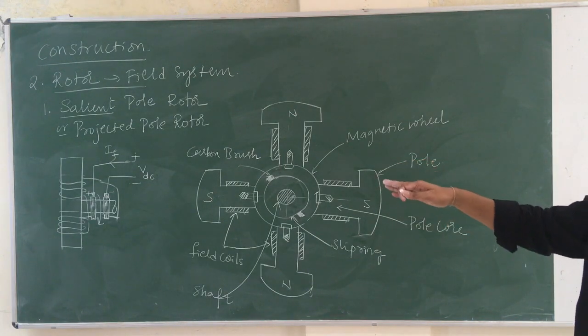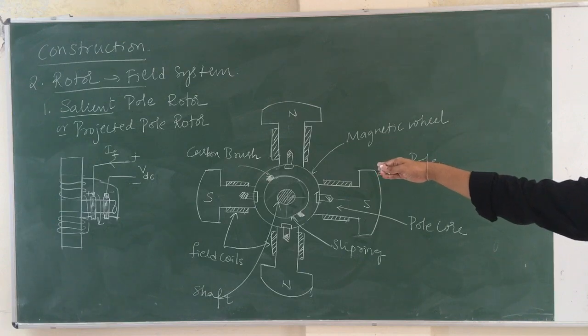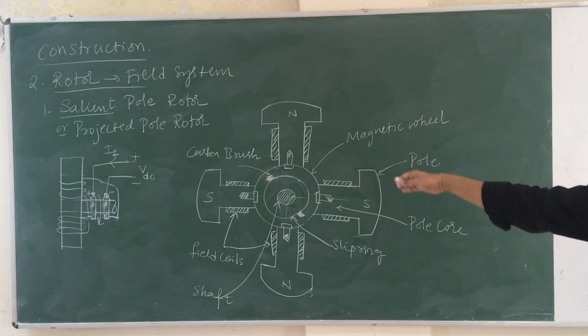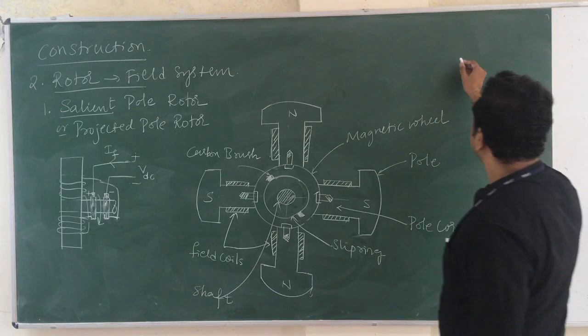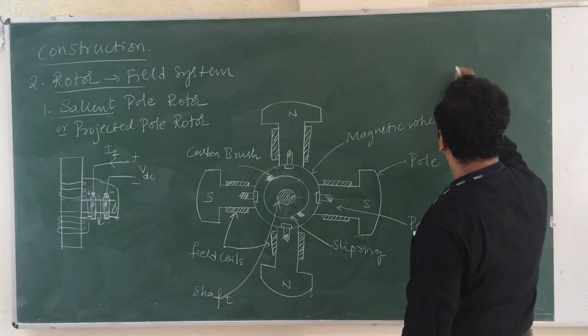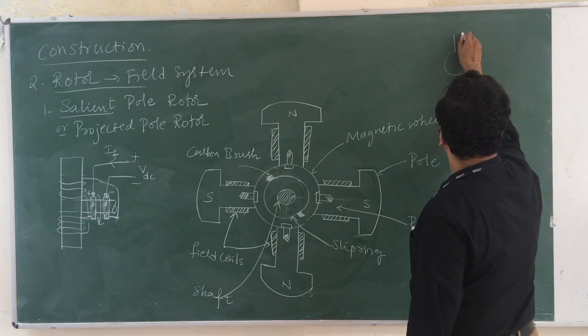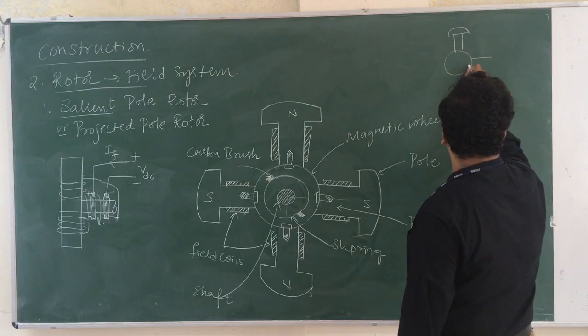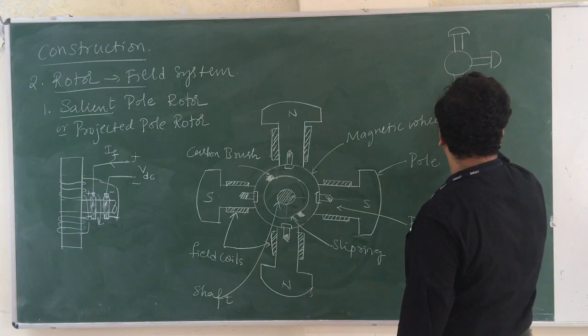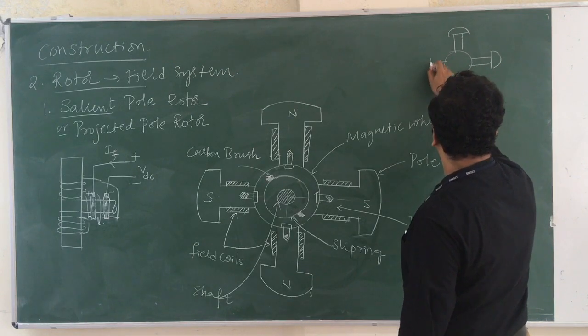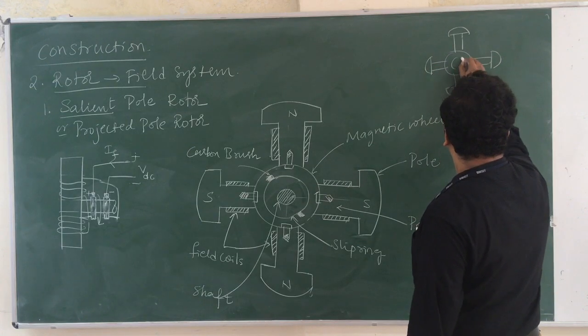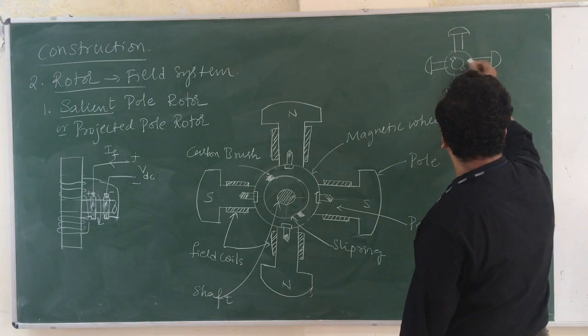Now if you see exactly how this 4-pole machine is connected with the field winding, I will show it here. I have one slip ring, and the other slip ring.